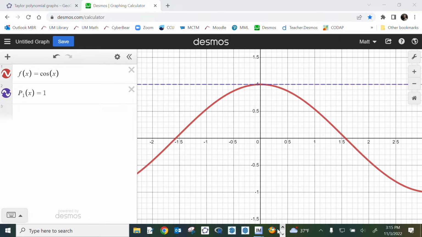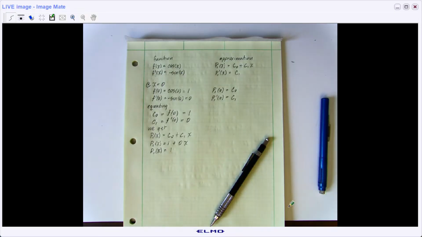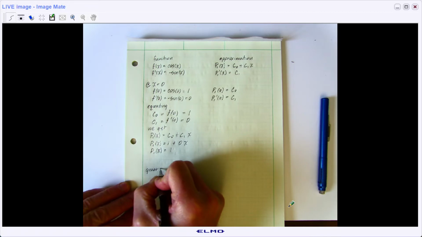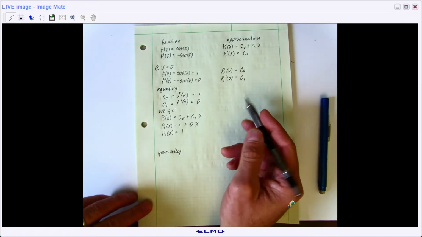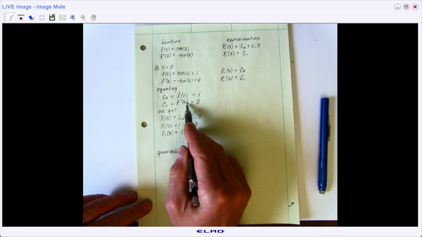But before we do that, we should probably just generalize what we did, so we can find a general pattern here. Generally, if we're centered at 0, you can see that C0 is F(0) and C1 is F prime of 0.